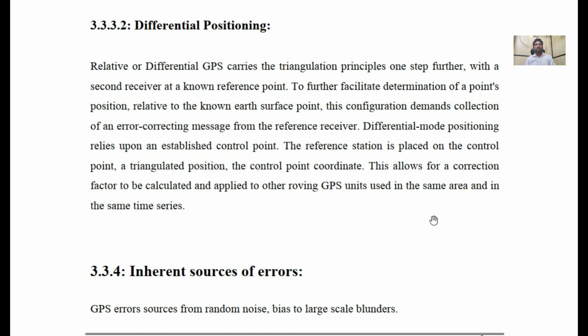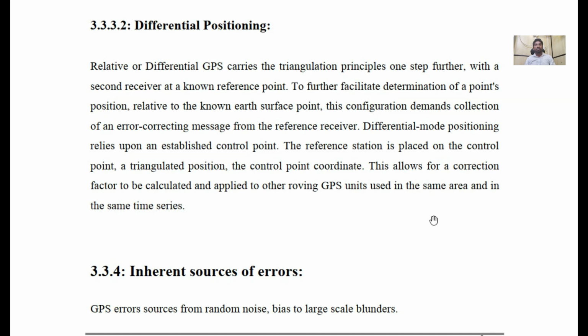Differential mode positioning relies upon an established control point. The reference station is placed on the control point, a triangulated position with known coordinates. This allows a correction factor to be calculated and applied to other roving GPS units used in the same area and in the same time series.